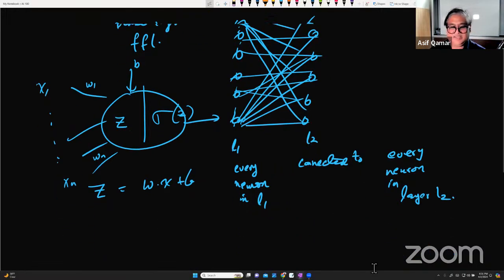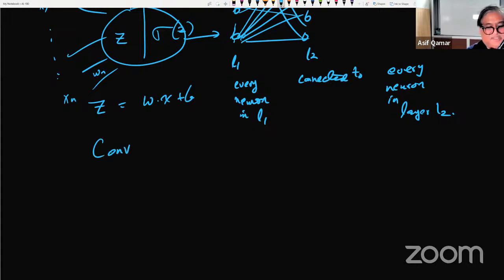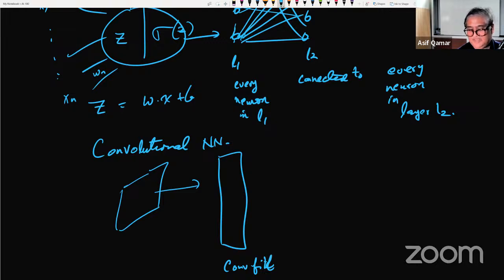The second thing we learned so far is convolutional neural nets. A convolutional layer is made up of filters. You give it an input and apply filters, which are also called kernels.